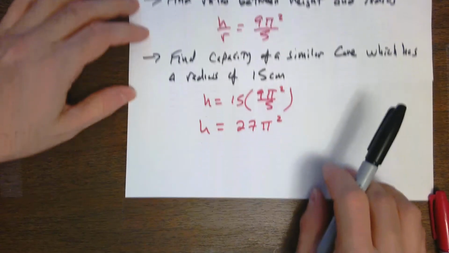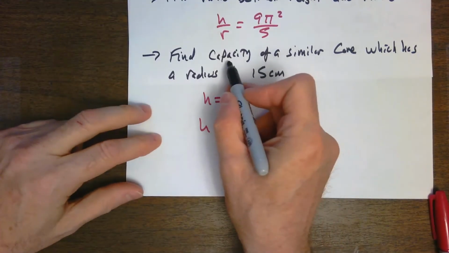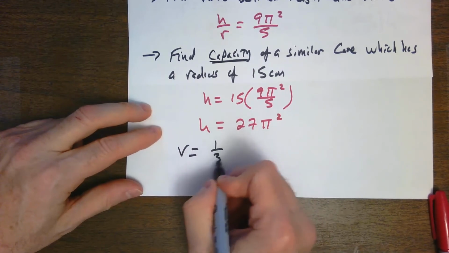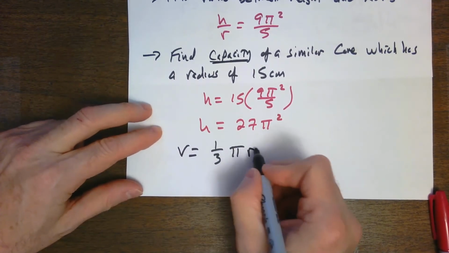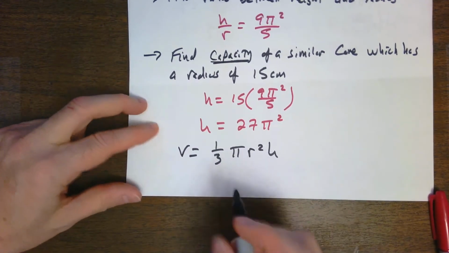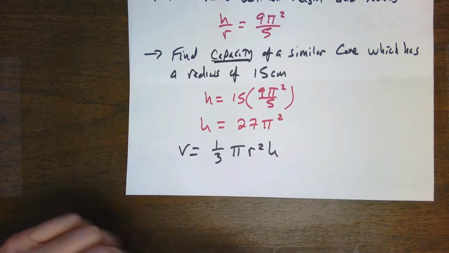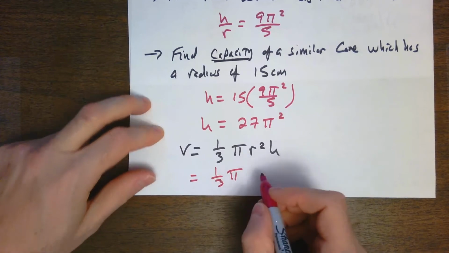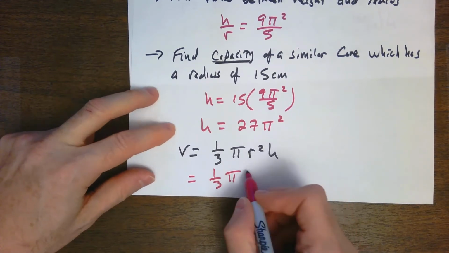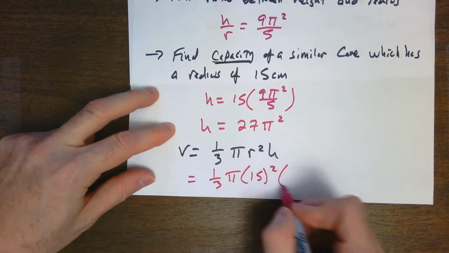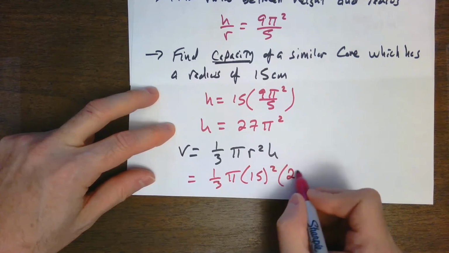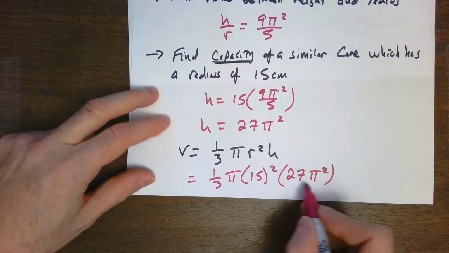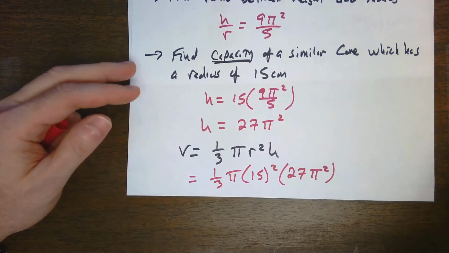All right, so what's the volume going to be? Find the capacity. Capacity is volume. Volume of a cone is 1/3 pi r squared h. Substituting in, I'm going to get 1/3 pi times 15 squared times 27 pi squared. My new radius of 15, my new height here.